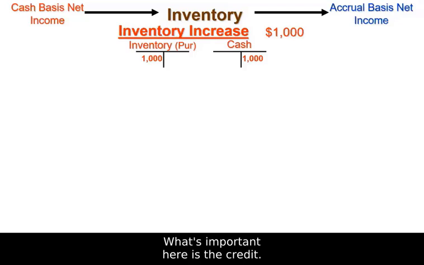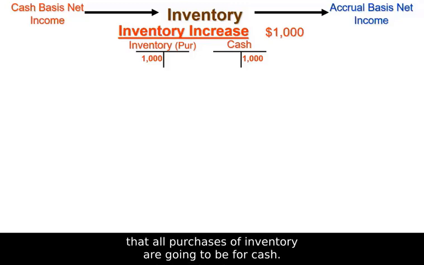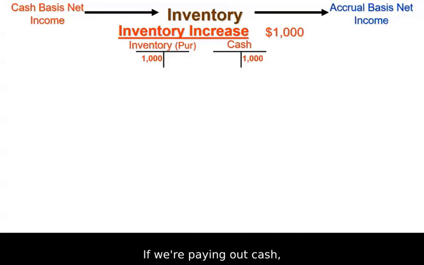What's important here is the credit. The credit here is to cash, based on our assumption that all purchases of inventory are going to be for cash. If we're paying out cash, then that becomes an expense for cash basis.